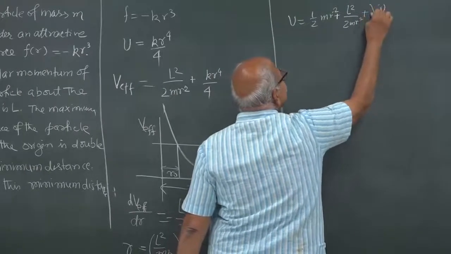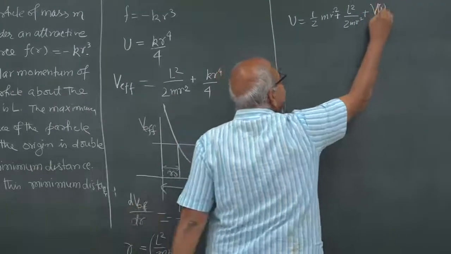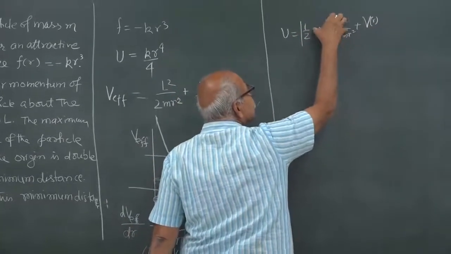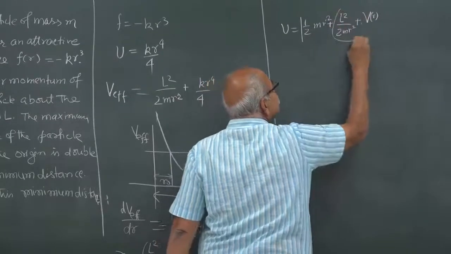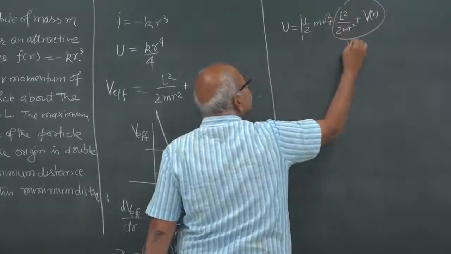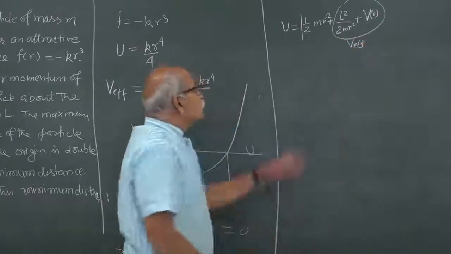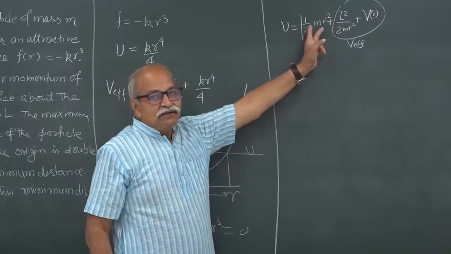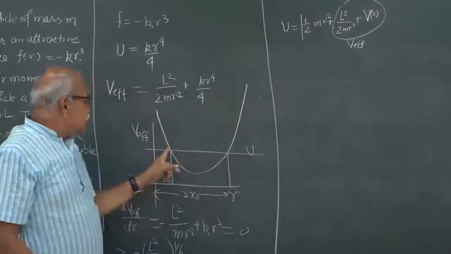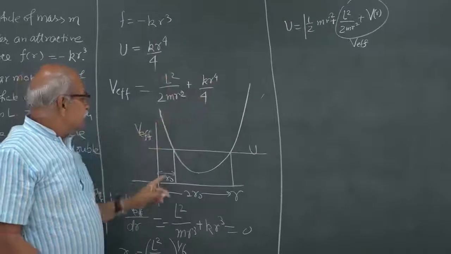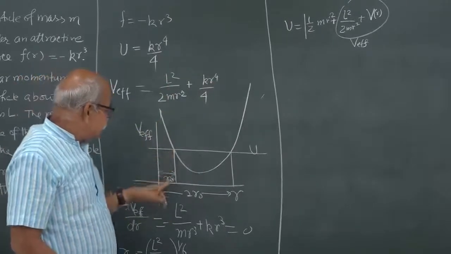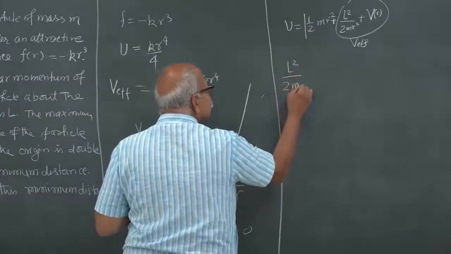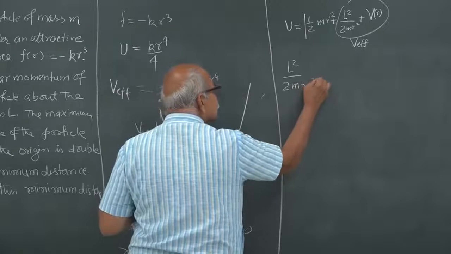So, this is the kinetic energy and this is the potential energy, but then we combine these two and write this as V effective. So, the total energy is your effective potential energy plus half m r dot square. So, here that r dot is 0 and E is same as the V effective. That means, V effective here at r naught, and that is L square by 2 m r naught square.